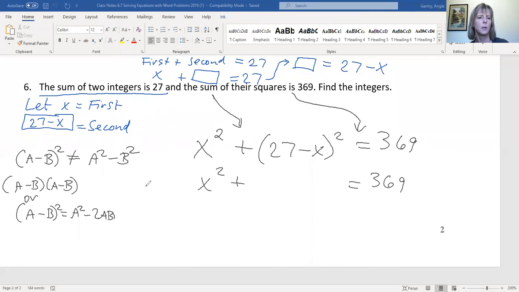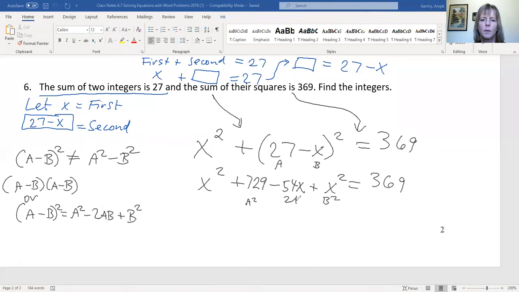This is from back in Chapter 5, when you were multiplying binomials, and this happened to be a binomial squared. So here, if this is a and this is b, this is going to be a squared, which is 729, minus 2ab from the formula, a times b and double it, plus b squared.